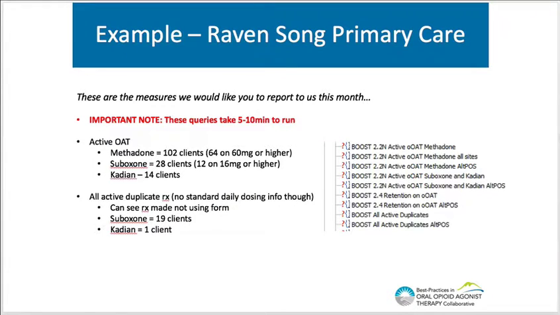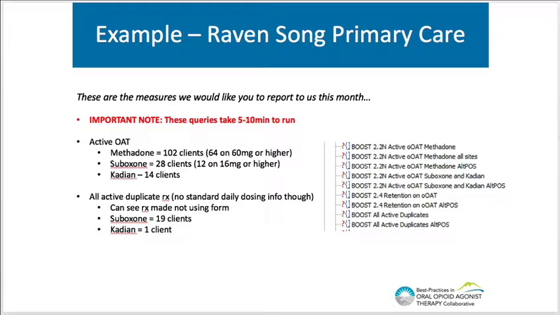Okay, and then in terms of active OAT, right now we have to run this through searching the prescription forms instead of the OUD form. We're hoping to make it simpler and quicker in subsequent months, but right now, if you run these two queries, either active OAT methadone or active OAT Suboxone and Cadian, you'll be able to get some numbers and you can combine them.